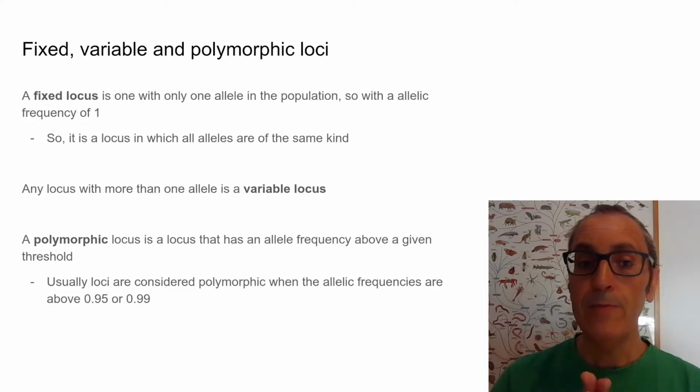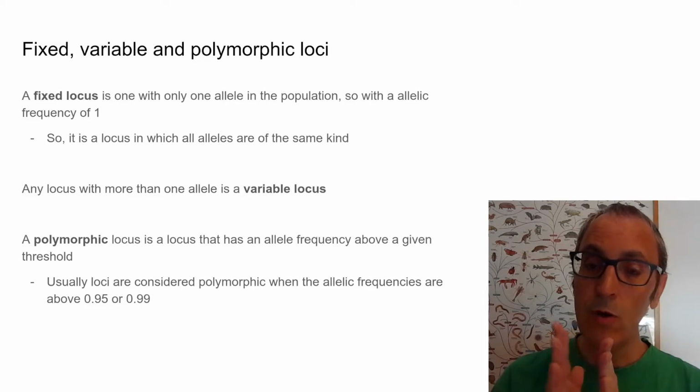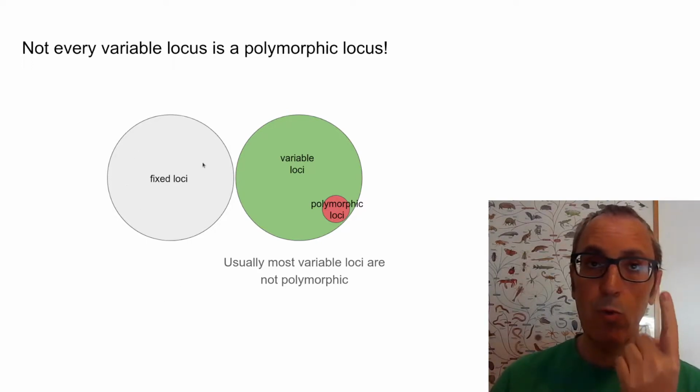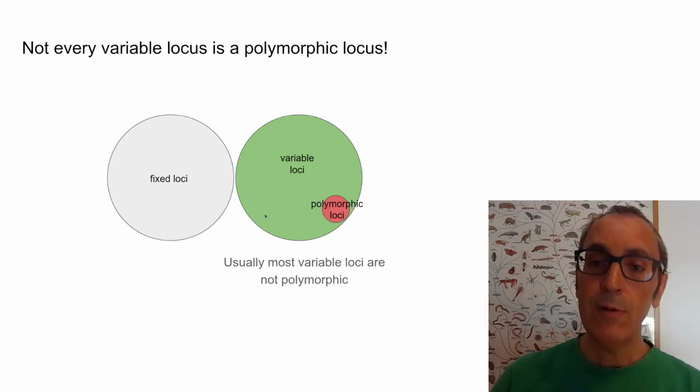Okay, but not all variable loci are polymorphic. So we have fixed loci with only one allele, variable loci with at least two alleles, and of those, some, usually not many, are polymorphic. Which ones?